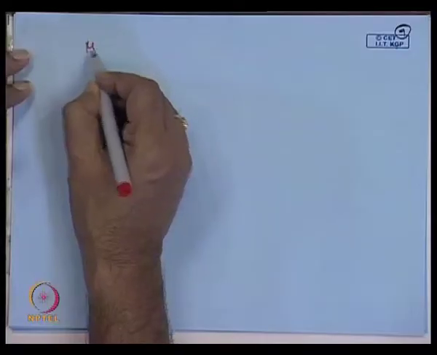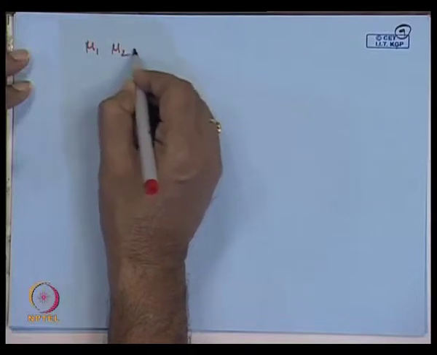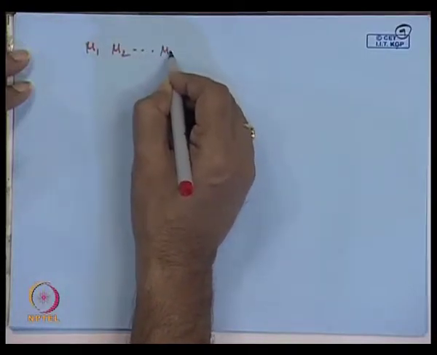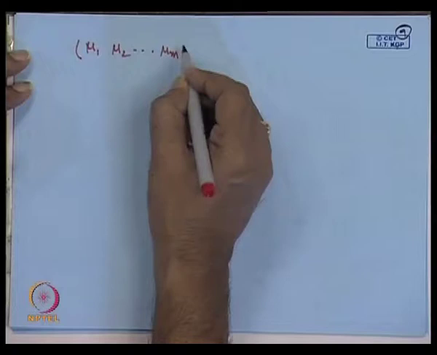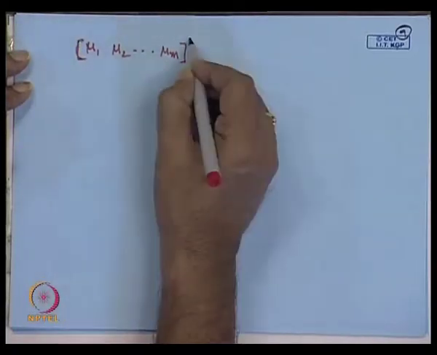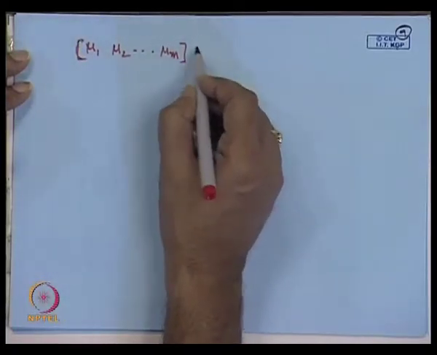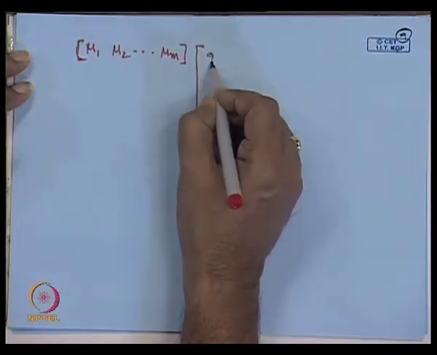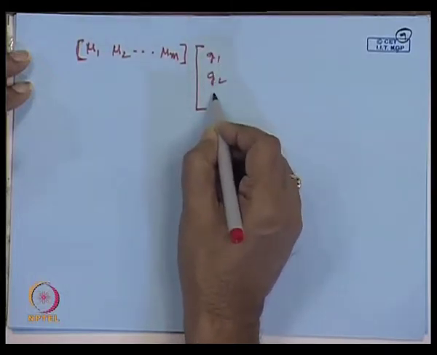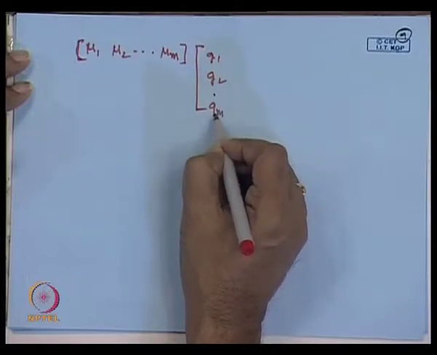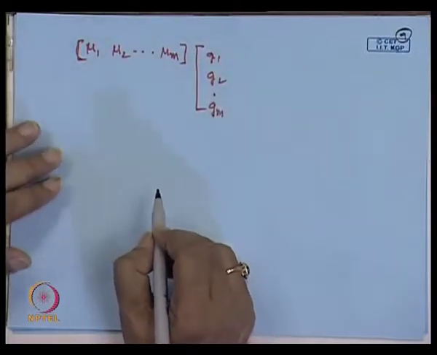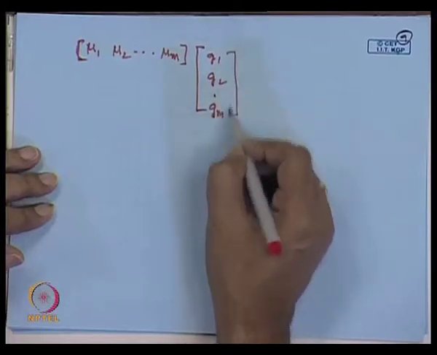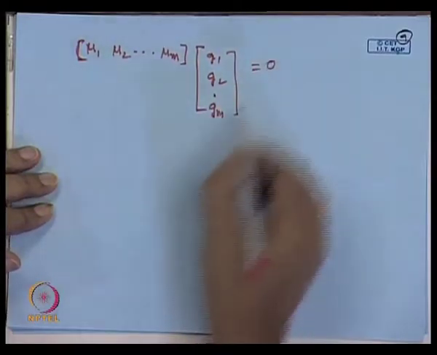Then I can write this as the transpose of the vector mu 1, mu 2, up to mu m, times the vector G 1, G 2, up to G m, and this is equal to 0. This is a scalar quantity, 1 cross 1.